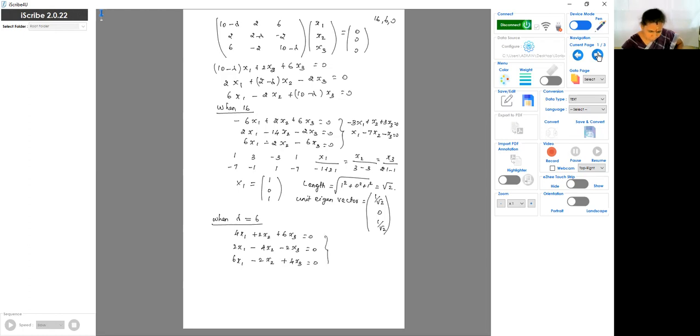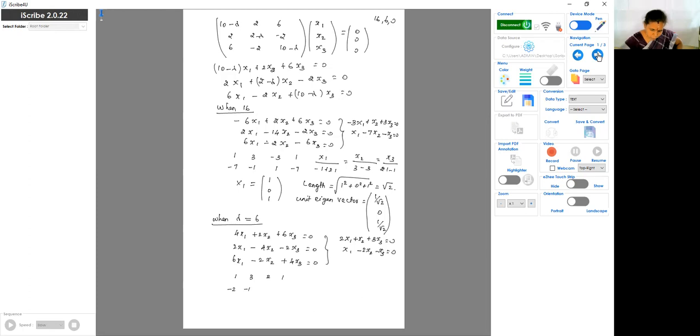Now simplifying the first and second, we get 2x1 plus x2 plus 3x3 equal to 0, and x1 minus 2x2 minus x3 equal to 0. So writing the coefficients, it is 1, 3, 2, 1.